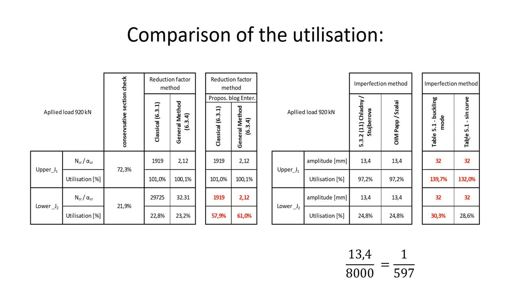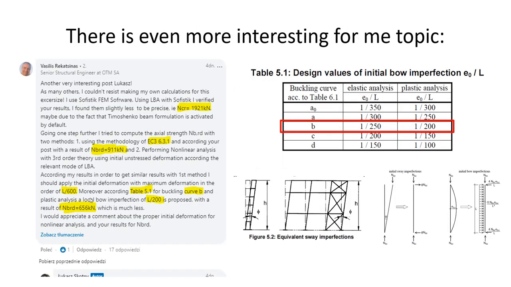Here it was provided by a half sine wave, and you can clearly see that 13.4 millimeters divided by 8,000 millimeters height is almost 1 of the 600ths, which is exactly the same as what the engineer had to do to obtain that ultimate load in the elastoplastic analysis using third-order theory and linear buckling analysis shape to deform the column.